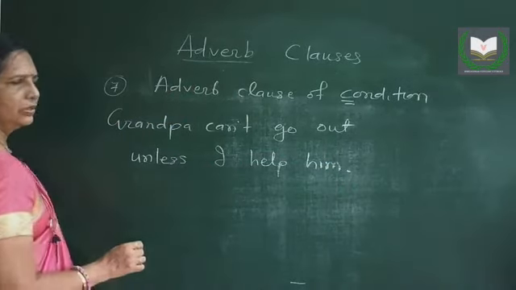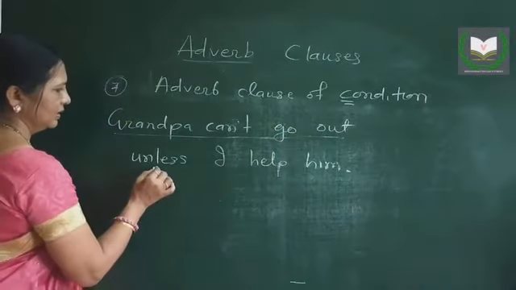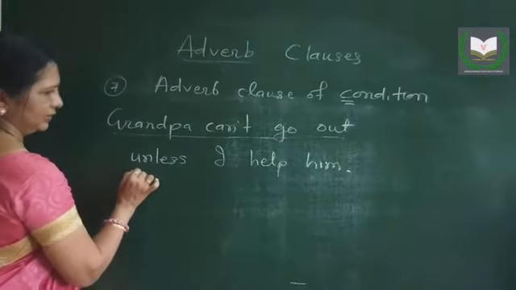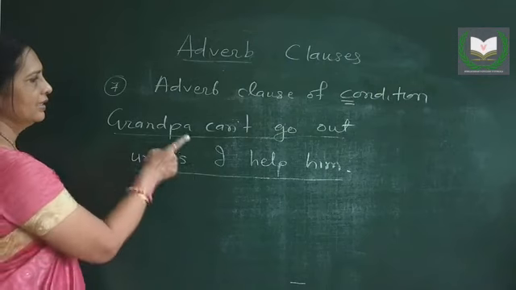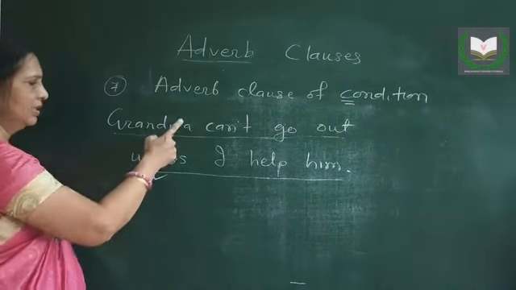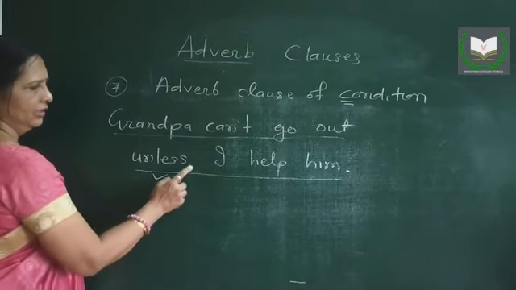So see, two clauses. Grandpa can't go out, one clause, joined with the second clause, unless I help him. The use is of the word unless. This is the main clause and this is the adverb clause of condition.